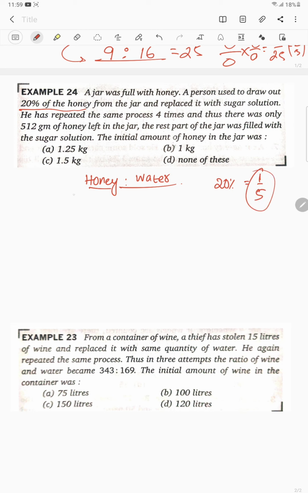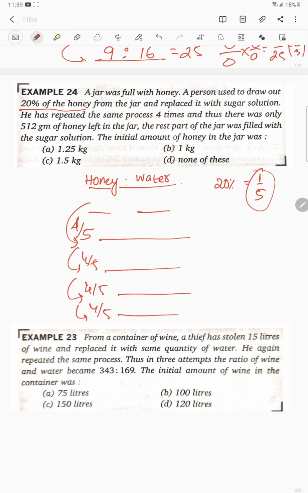Whatever the amount is, in each step we are multiplying it by 4 by 5, 4 by 5, again 4 by 5, and in the last step 4 by 5. We are multiplying it 4 times to get this amount left, right?